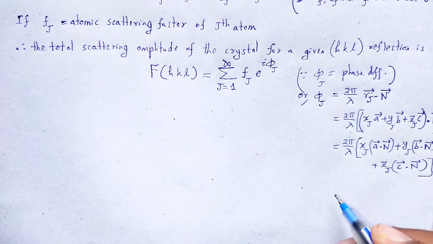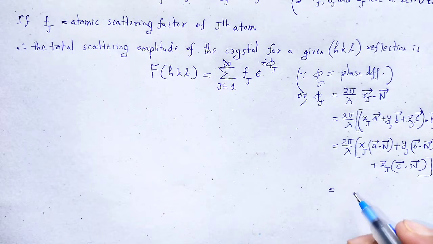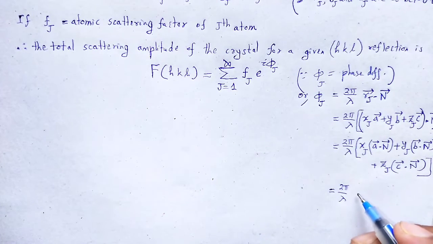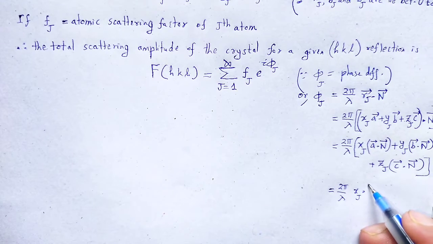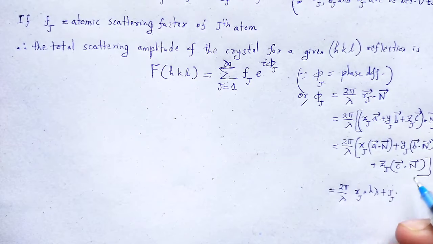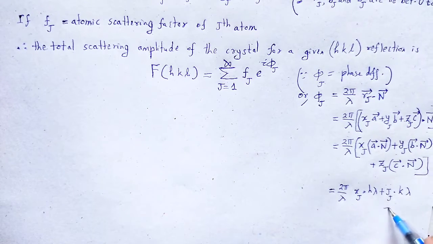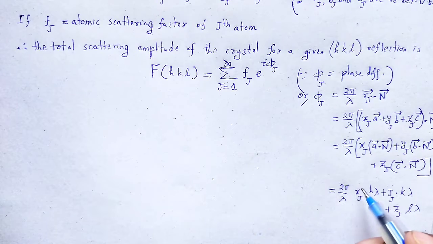A dot n vector is equal to 2 pi by lambda, xj a dot n as h lambda plus yj b dot n as k lambda plus zj c dot n as l lambda.